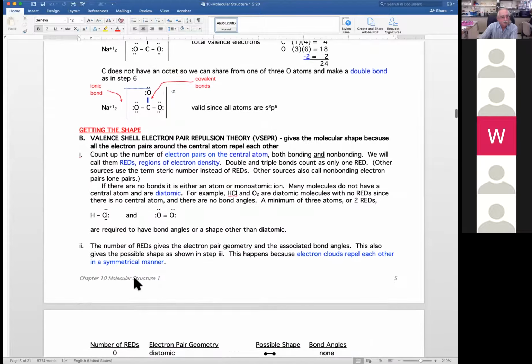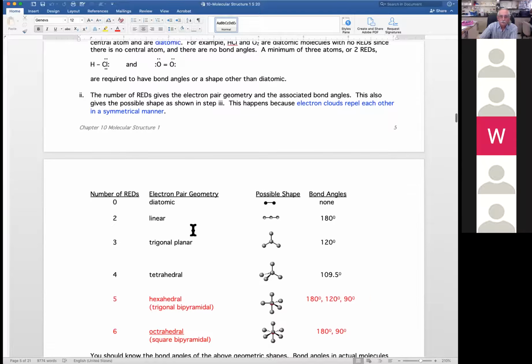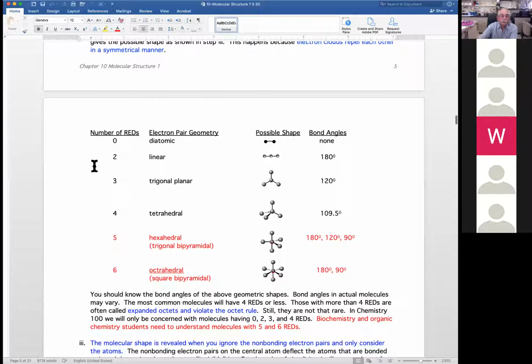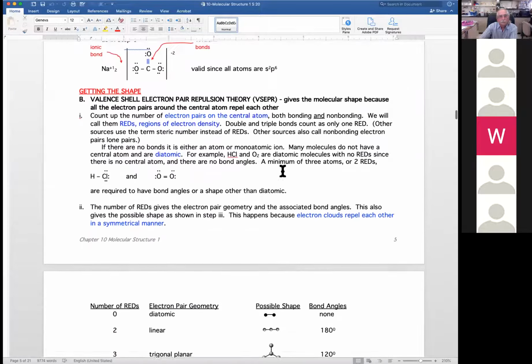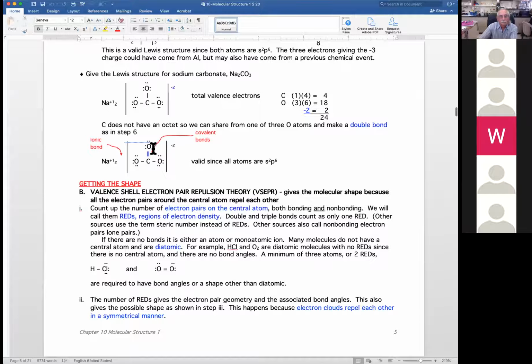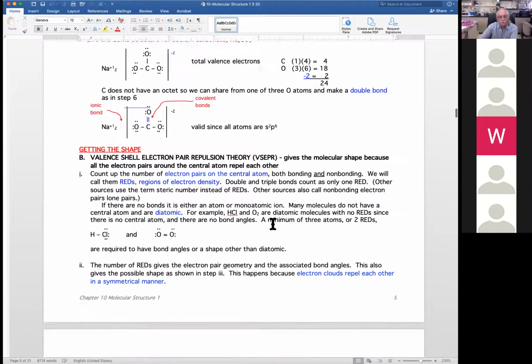So then getting the shape, these are diatomic, right? There's no regions of electron density because there is no central atom. So the possibilities for chemistry 100 are simply 2 reds, which gives you a linear, like carbon dioxide, 3 reds, which gives you trigonal planar, like, for example, carbonate, and 4 reds that give you tetrahedral.